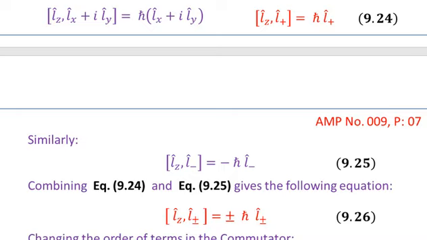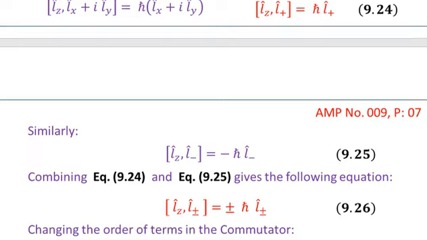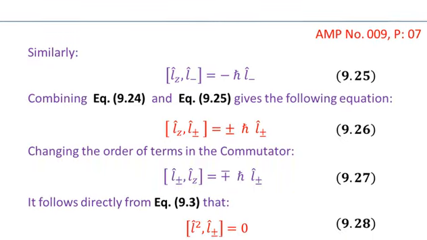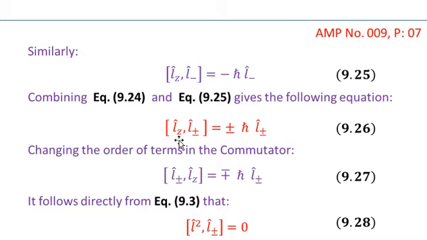Now combining equation number 24 and 25 gives me the following equation. I can express them in the form of a single equation: the commutator of Lz with the L plus minus operator will give you plus minus h bar, and of course the operator L plus minus, as shown in equation number 26.